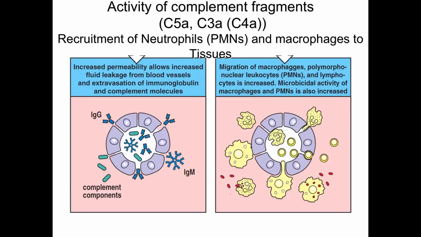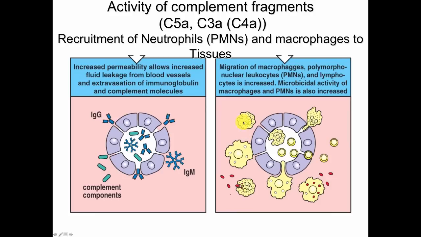The other important function of complement is that complement proteins, when they're produced, will go out into the circulation and serve a chemoattractant function. And what that means, they have the ability to recruit other innate immune cells, for example, neutrophils and macrophages on this slide, to come into the tissue where the complement pathway has been activated.